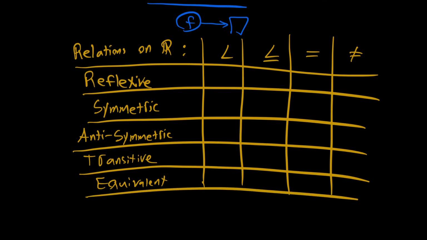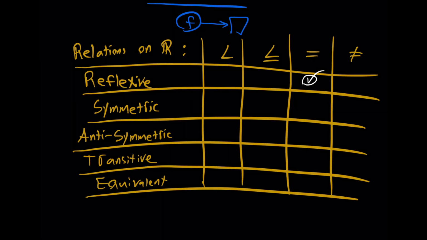So first off, in terms of what is reflexive, well, certainly equality is reflexive, but also or equal to is reflexive. What about symmetry? Well, clearly equality and inequality are symmetric. If 4 is not equal to 2, 2 is not equal to 4. What about anti-symmetry?